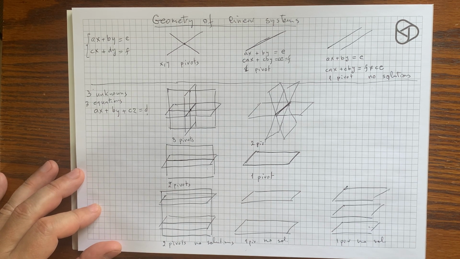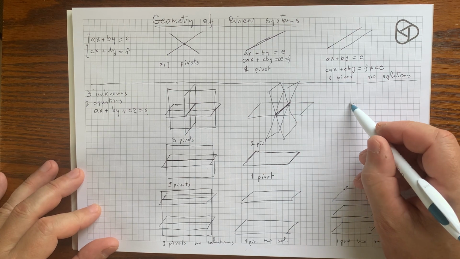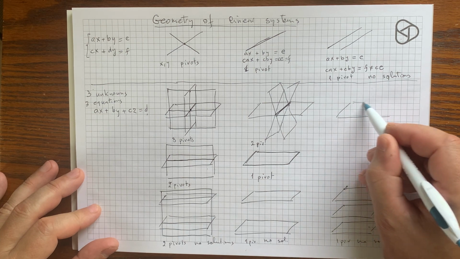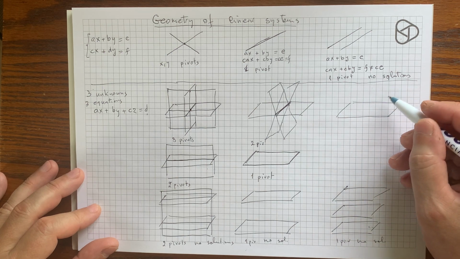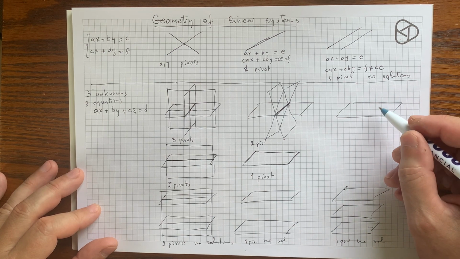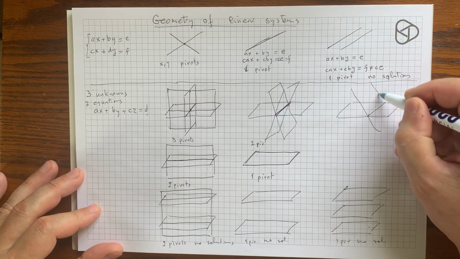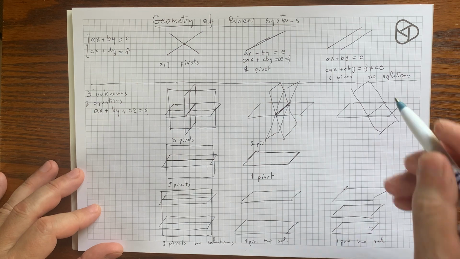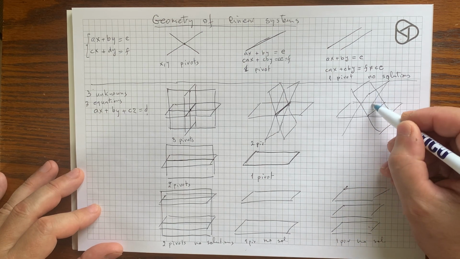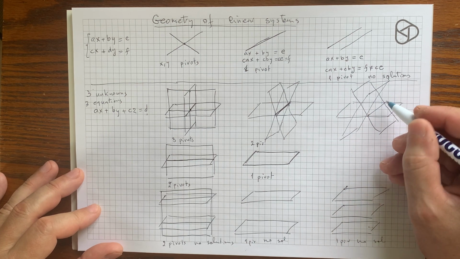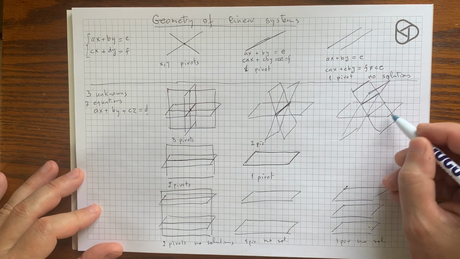And that is almost all, apart from the last case where we have three planes, each of them intersecting along a line, of course, and these lines will be parallel to each other. So the intersection of this plane and this plane will be that line.